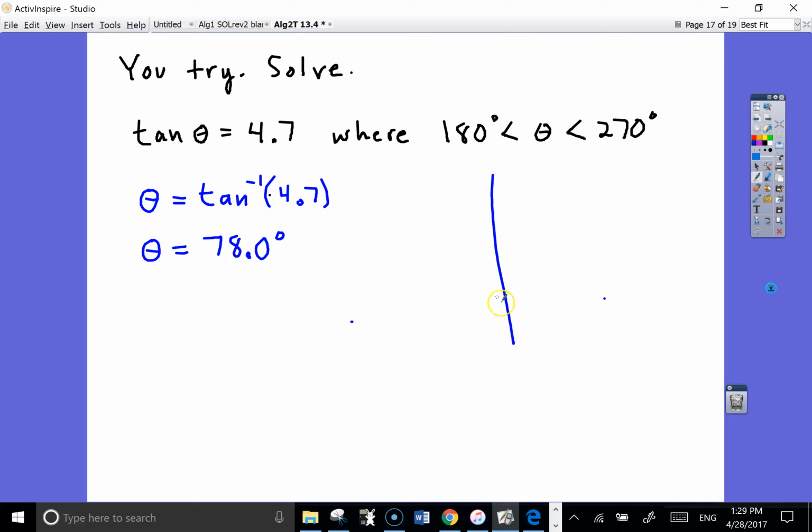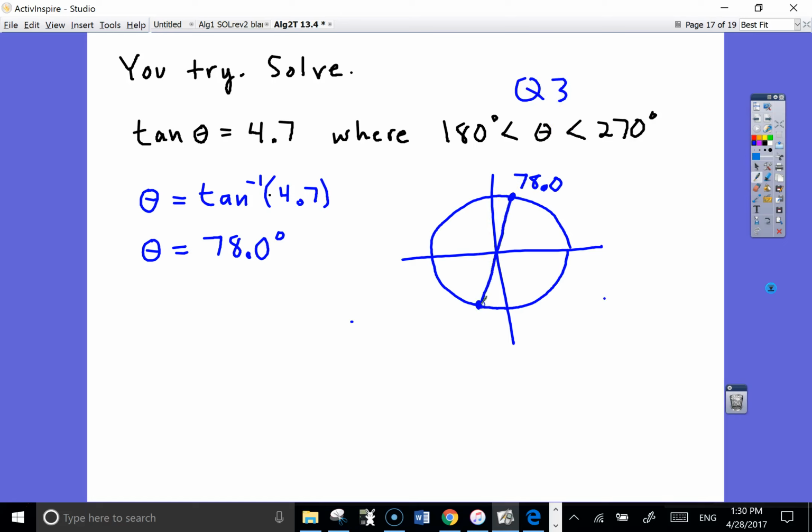And then you said 78.0 would put it about right there. Okay, so this is quadrant 3. So how am I going to find the place in quadrant 3 which has got that same ratio? Plus 180.